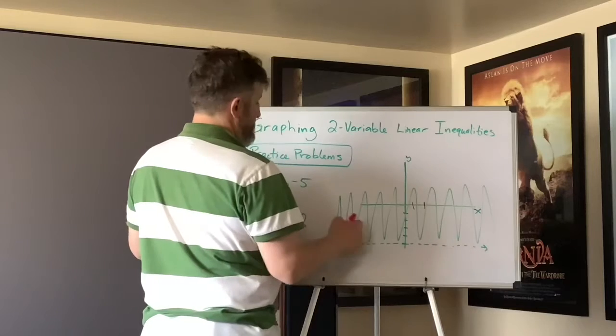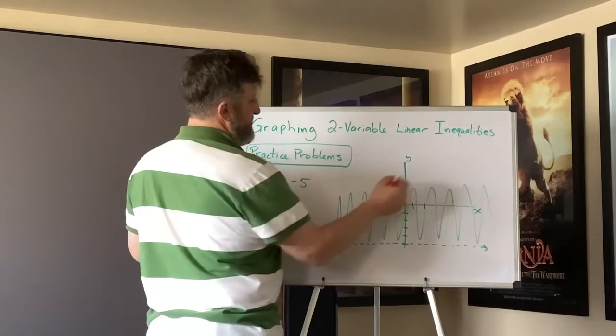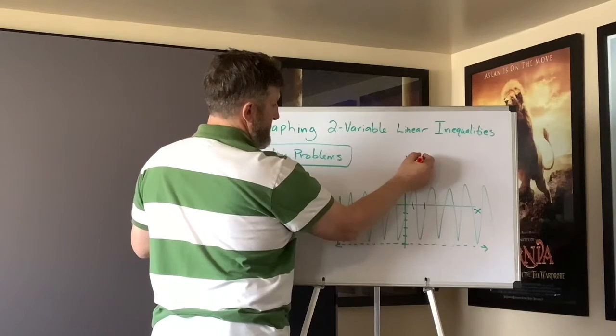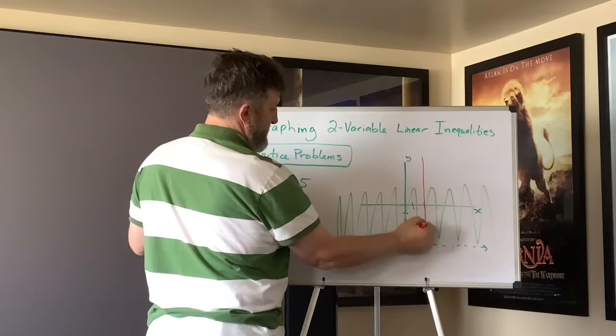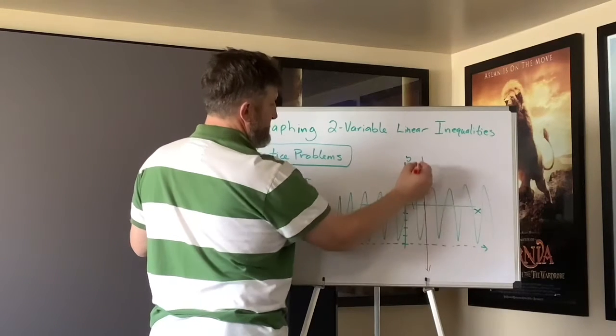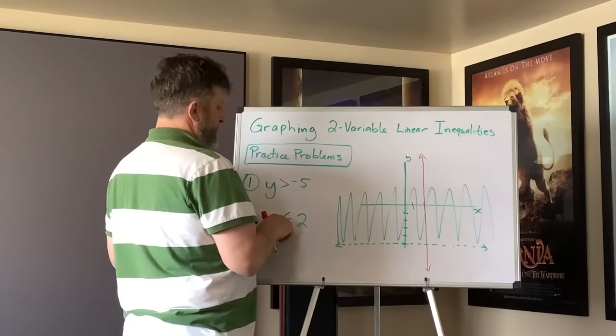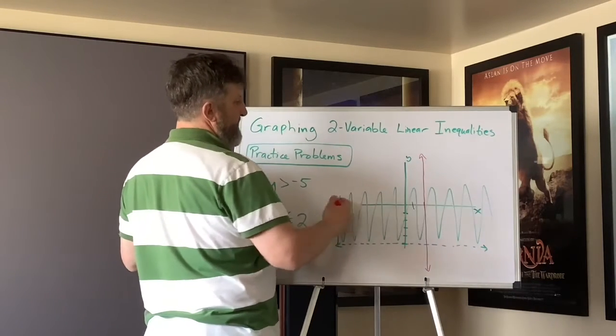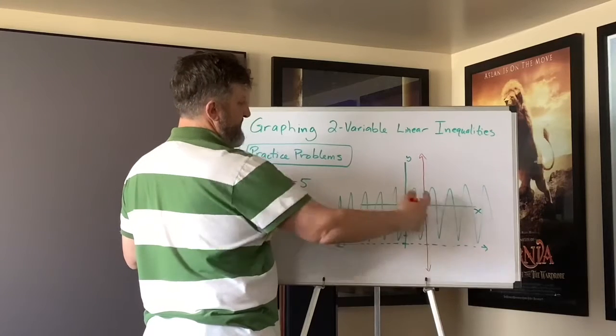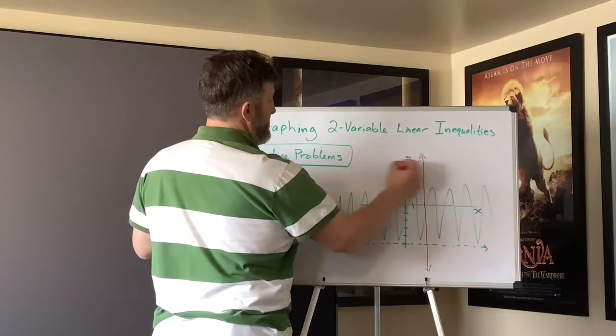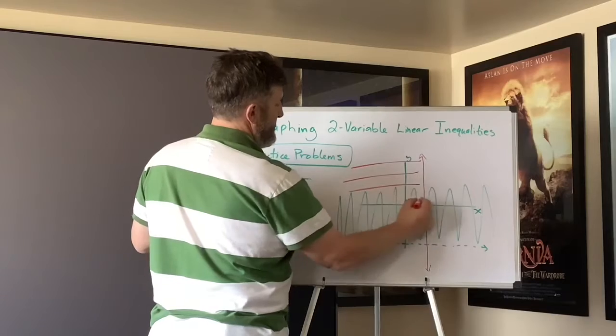All right, solid line now because it's equal to. So hopefully that looks somewhat straight. Okay, solid line because it's equal to. Now it says less than. Now this is the one time where there really isn't a top of a roof, is there? But you guys know what less than is. Less than is over here like this.